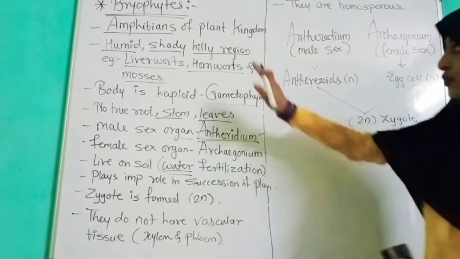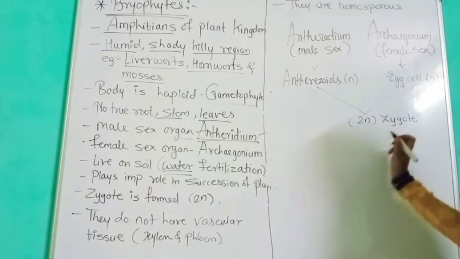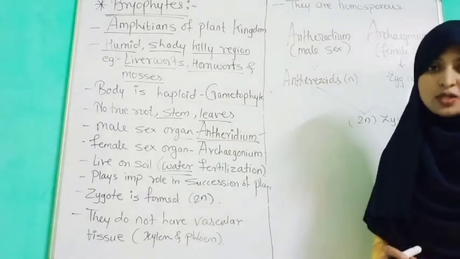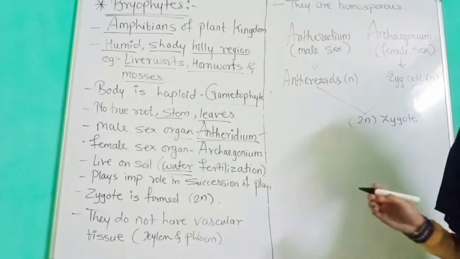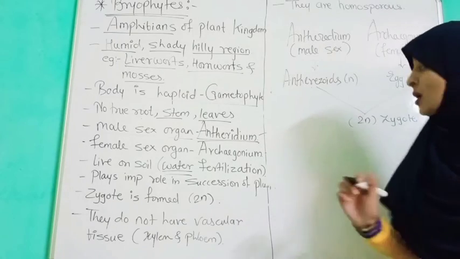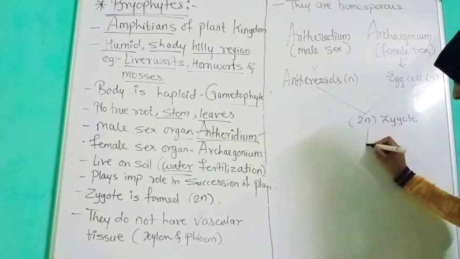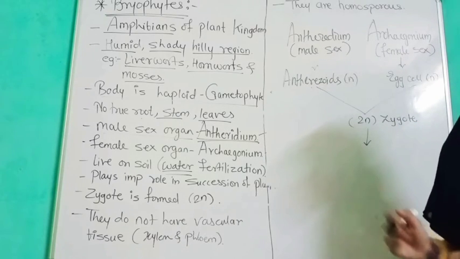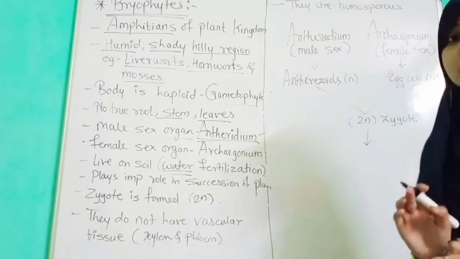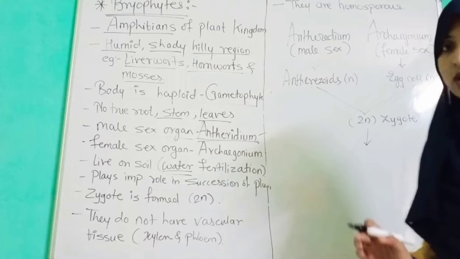But in bryophytes, this zygote does not instantly undergo meiosis. If it instantly underwent meiosis, it would form a haploid spore. But this zygote remains diploid, forming a sporophytic body which is diploid in nature.